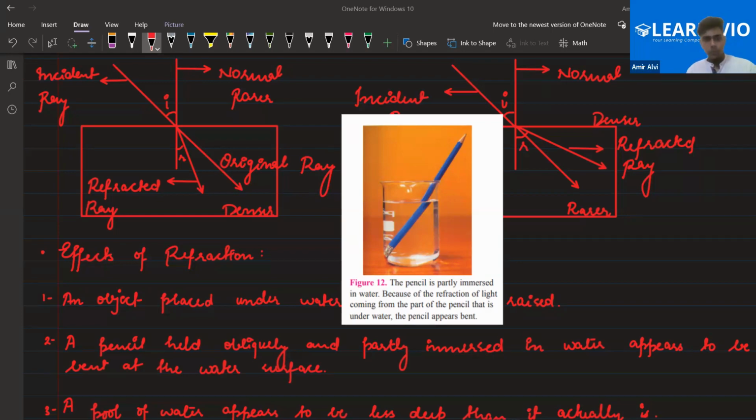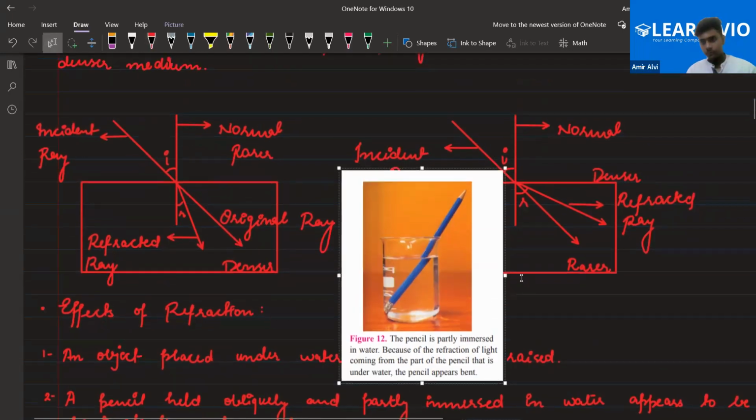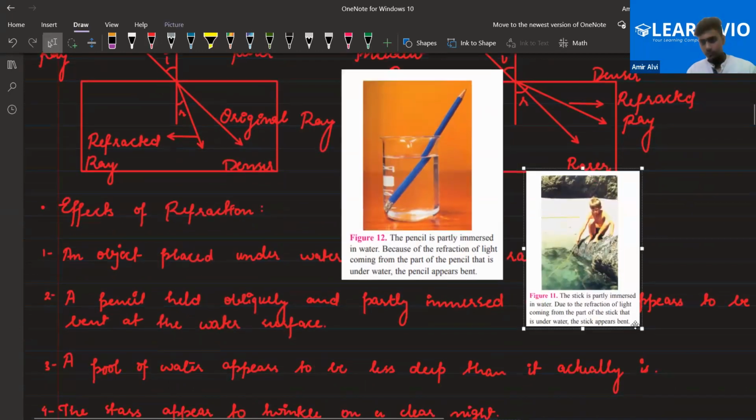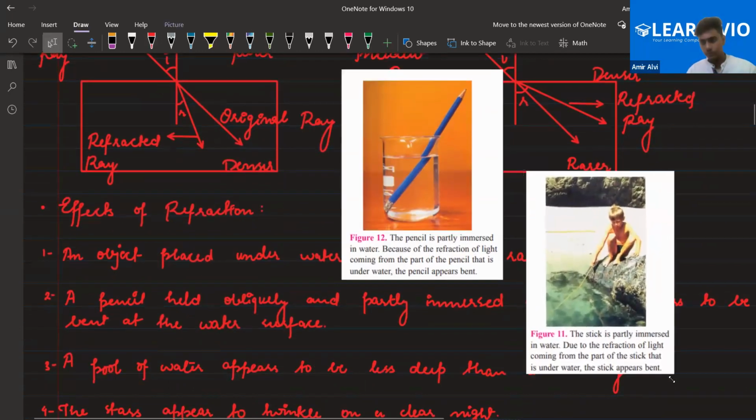One more example. You can also see that a boy is sitting on a rock and he is fishing right now.